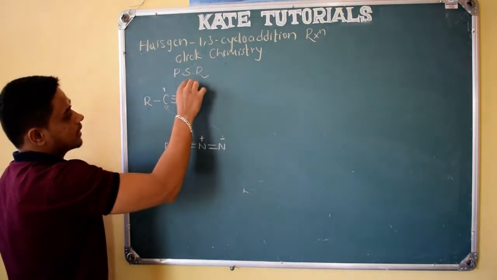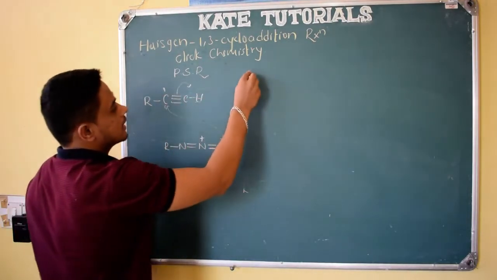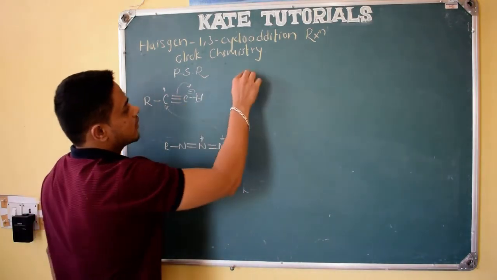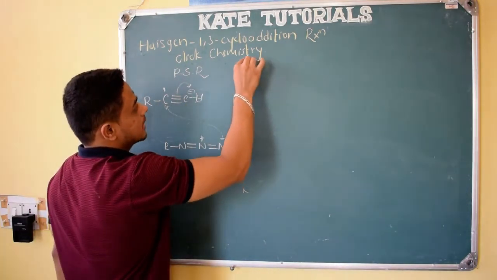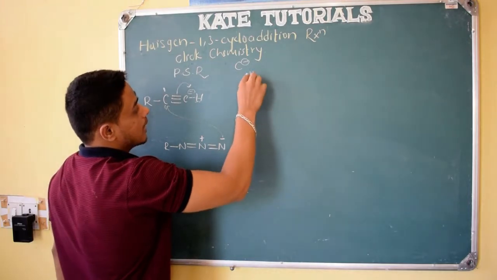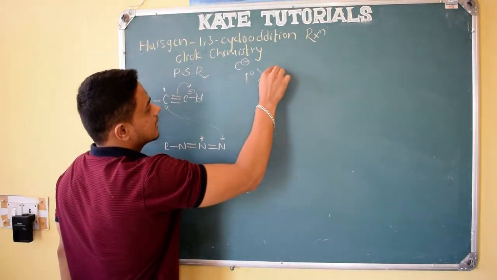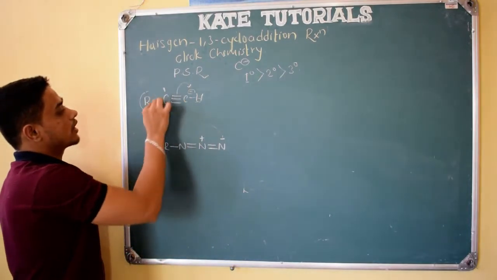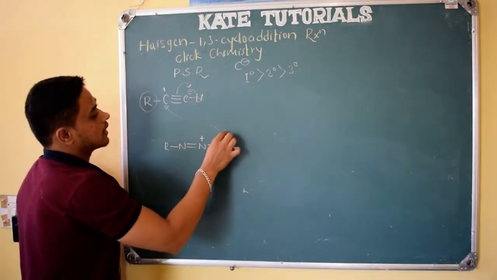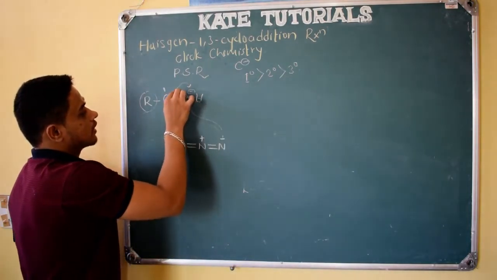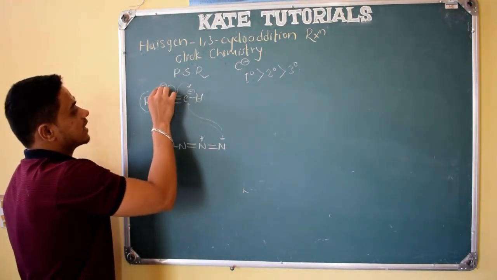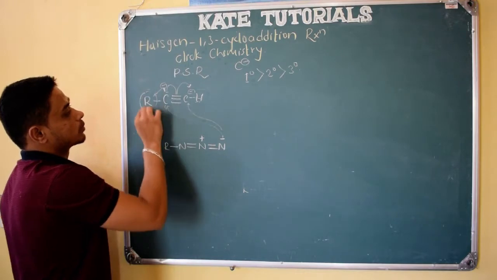Why does electron density move only onto this carbon? Because if it moves there, the carbon gets a negative charge, and a carbanion, carbon carrying a negative charge, is more stable as primary than secondary than tertiary. If R is an electron withdrawing group, then the negative charge attacks here and electron density comes onto this carbon, because the negative charge will be stabilized by the electron withdrawing group R.